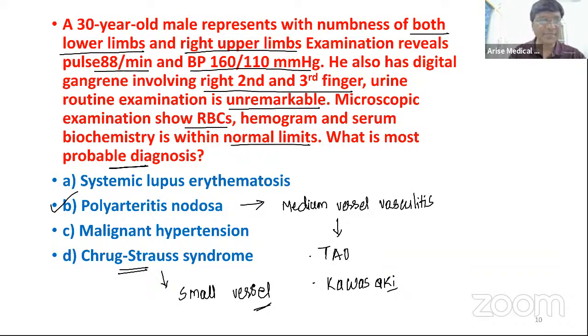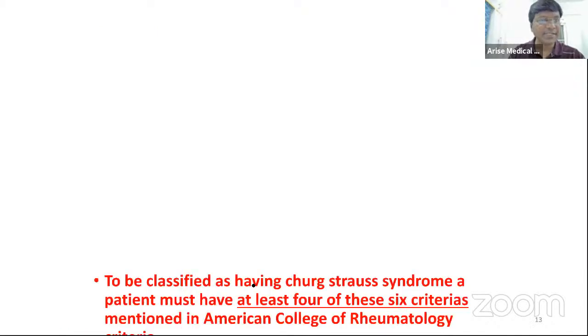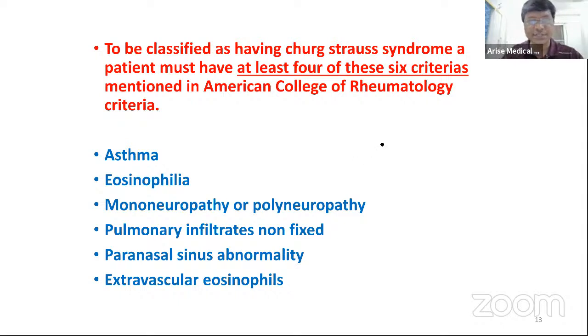Now, let me take up the points in favor of Churg-Strauss syndrome. There are totally 6 features in Churg-Strauss syndrome. Out of these 6 criteria, if 4 are present, then we call it Churg-Strauss syndrome.